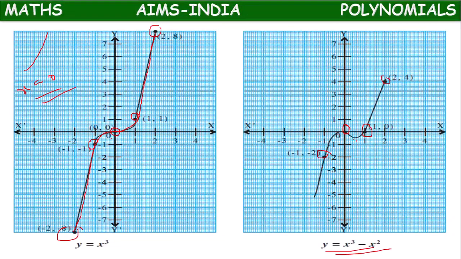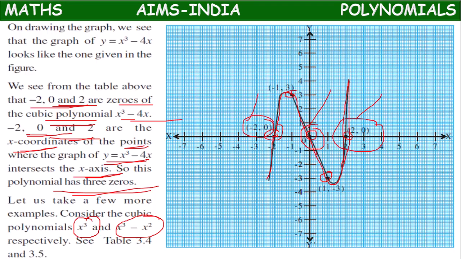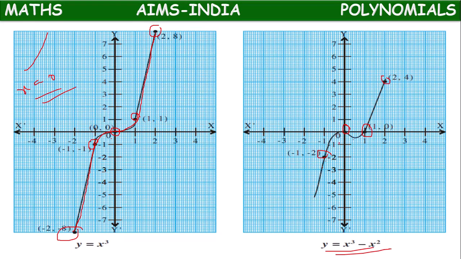Minus 2 comma minus 12, the y value is minus 12, children, so somewhere it will be down here.